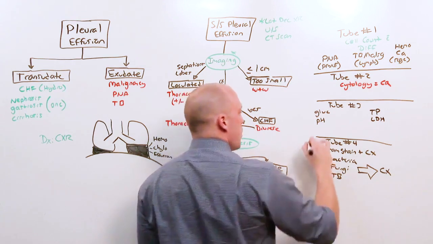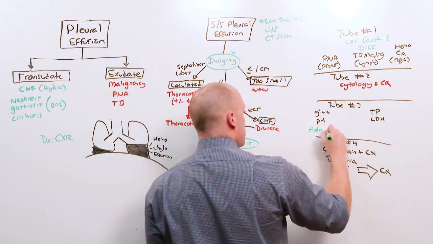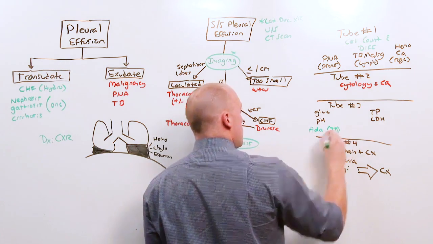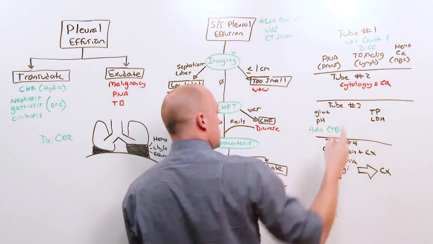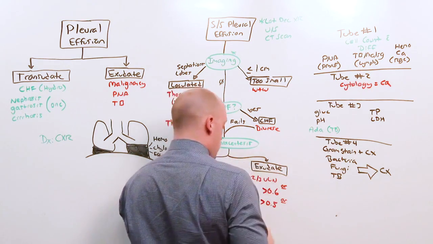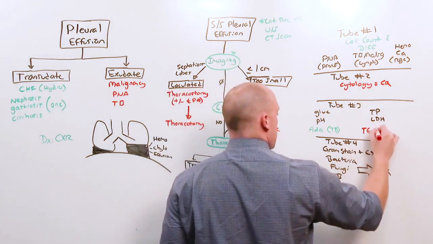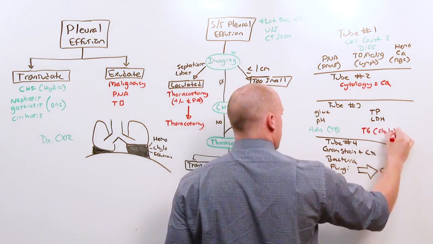But some things you should remember are going to be things like the ADA, the adenosine deaminase. This is for TB. We talked about lymphocytosis and an AFB smear, but the ADA is the best test to do on the thoracentesis. And then triglycerides for a chylothorax.